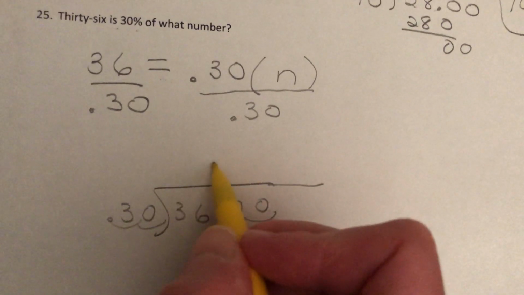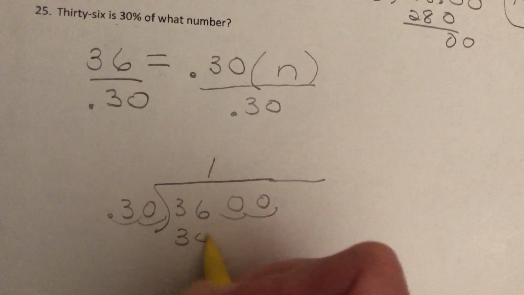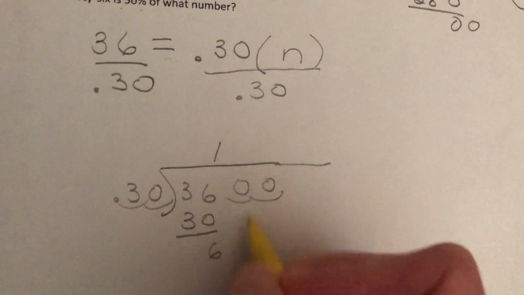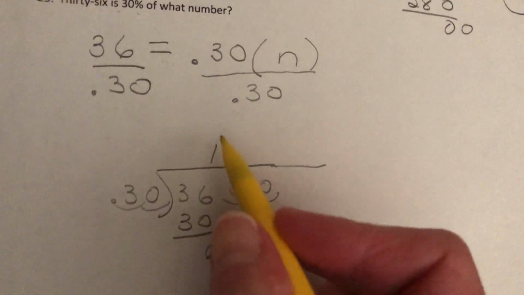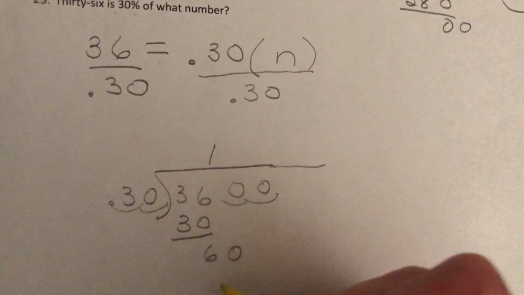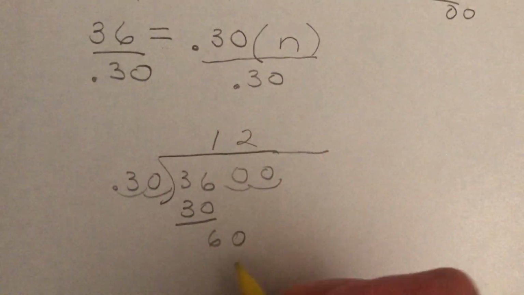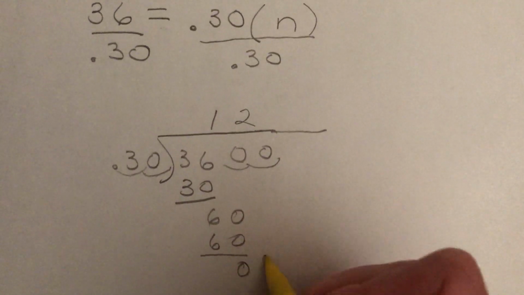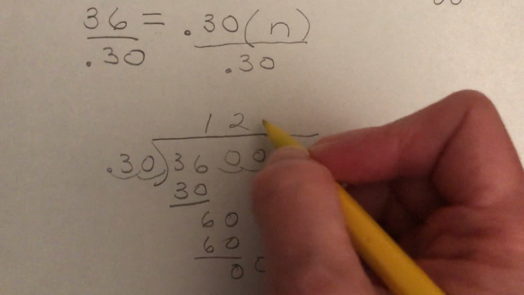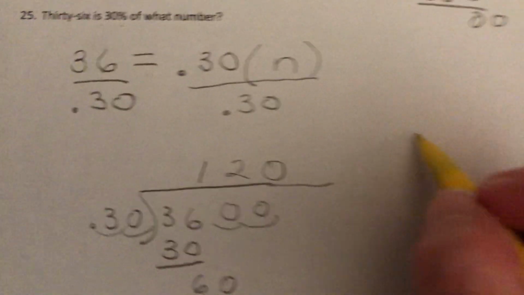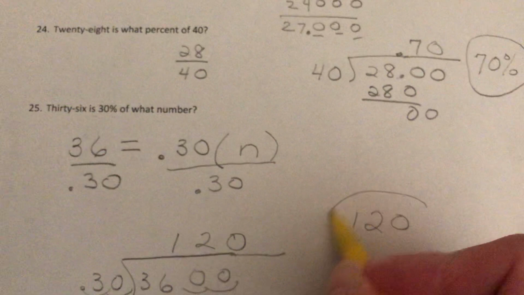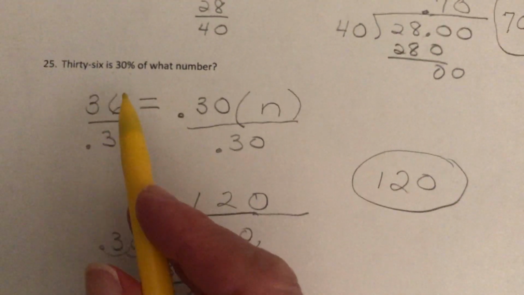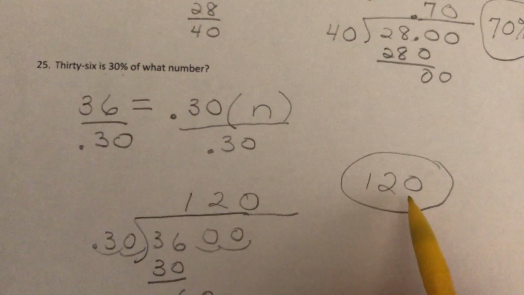So 30 goes into 36 once, 1 times 30, subtract, bring down the 0, and then 30 goes into 60 twice, 2 times 30 is 60, 0, and then 30 goes into 0, 0. So my answer is 120. 36 is 30% of 120.